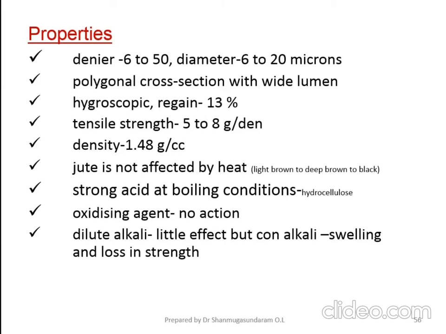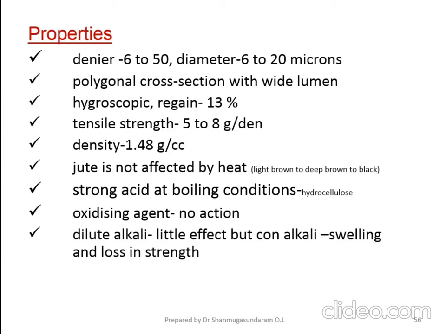What does it show? The flax fiber absorbs more moisture than cotton fiber. Then coming to the tensile strength, the tensile strength of your flax fiber is 5 to 8 grams per denier.